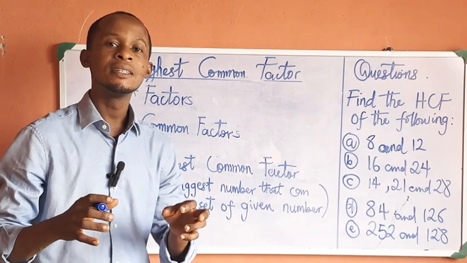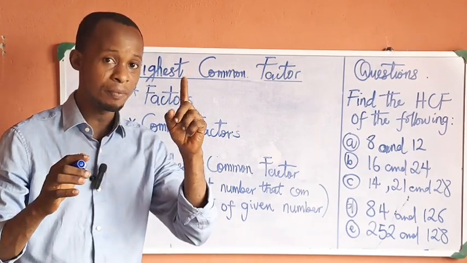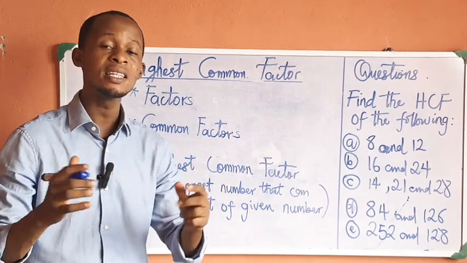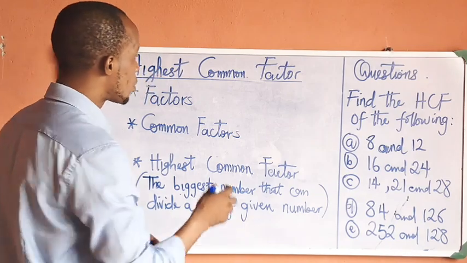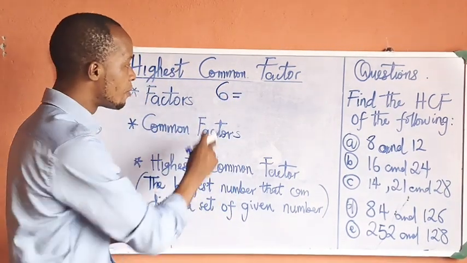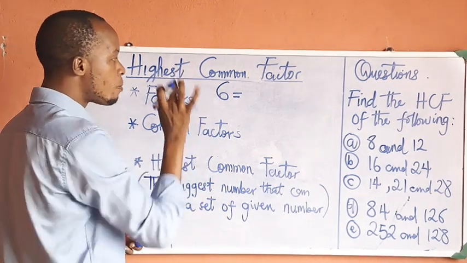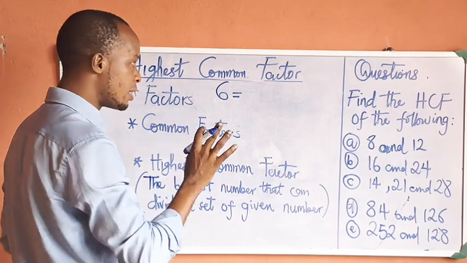Factors are the numbers that can divide a given number without a remainder. Take, for instance, you are given 6 and you were asked to find the factors of 6. In other words, we are looking for numbers that can divide 6 and there won't be a remainder.